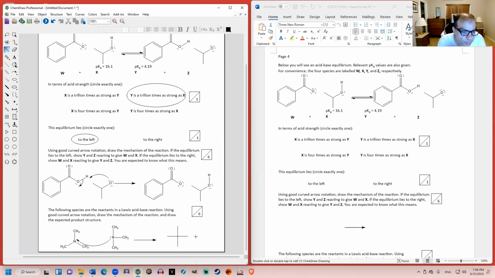And so we're going to have a new bond between nitrogen and aluminum. And this arrow here means that the lone pair on nitrogen is going towards the aluminum atom to form a bond between nitrogen and aluminum. So the aluminum's over here.